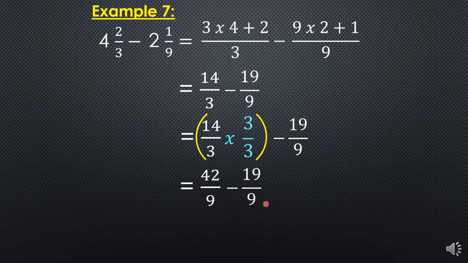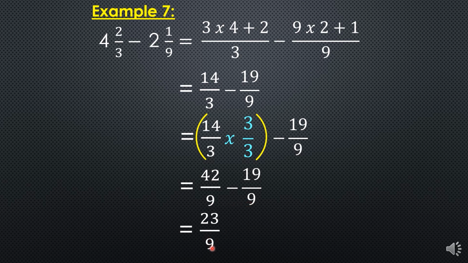The denominators are now the same, 9 and 9. We can subtract. 42 minus 19 equals 23. And then copy the denominator, which is 9.